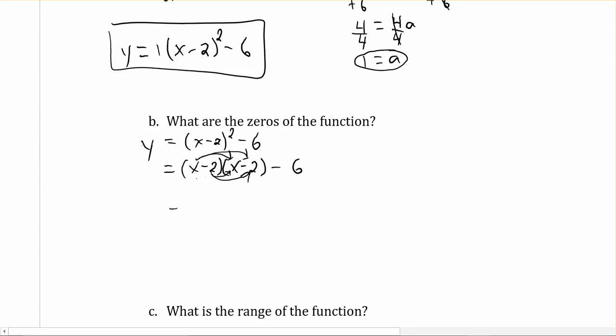And this becomes x times x was x squared, and then minus 2x, minus 2x again, and then plus 4. And then minus 6. If we collect all of our like terms, these are like terms and these are like terms. This becomes x squared minus 4x minus 2.